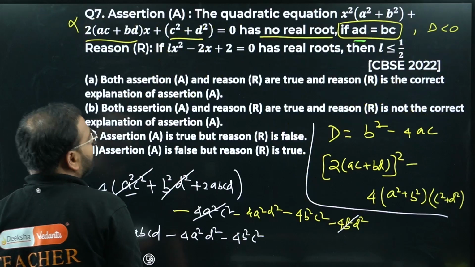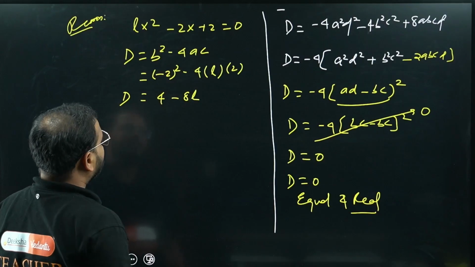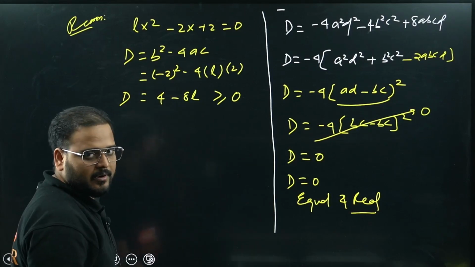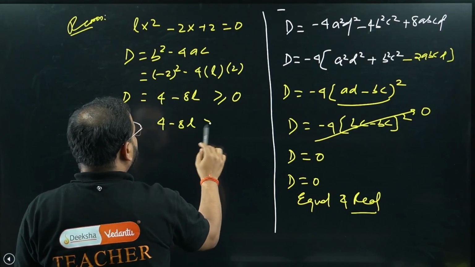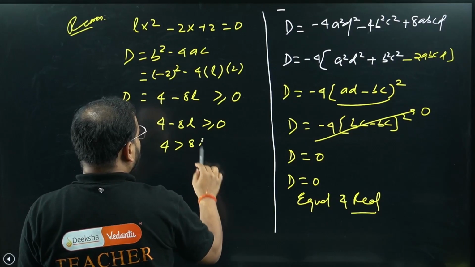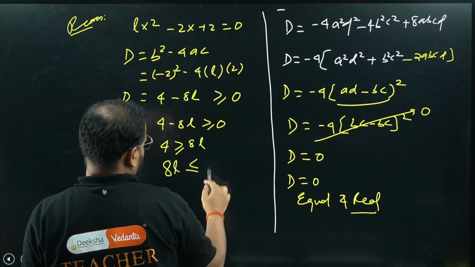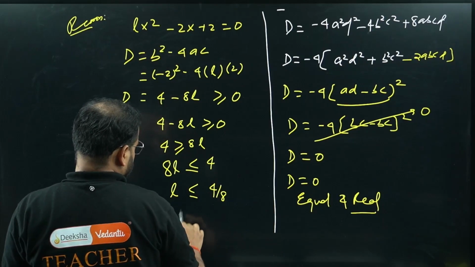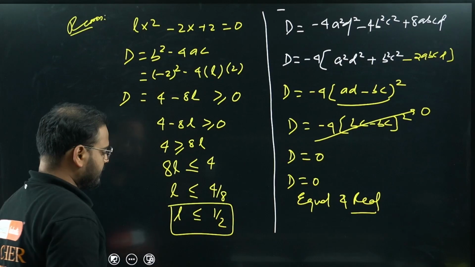And they're saying it has real roots if L is less than or equal to 1 by 2. Real means what? Real means D greater than or equal to 0. So please check: 4 minus 8L greater than or equal to 0. Bring L on this side. So 4 greater than or equal to 8L, which means 8L is less than or equal to 4, which is L less than or equal to 1 by 2.